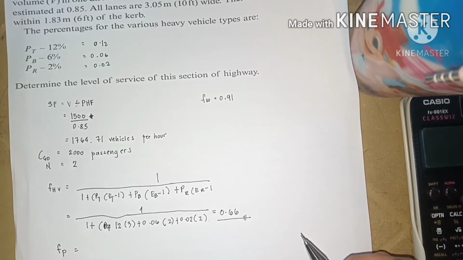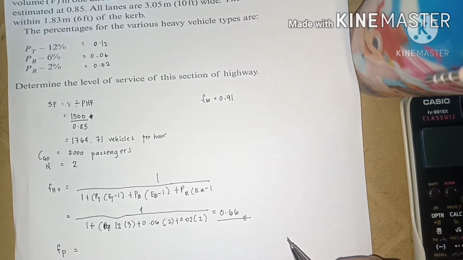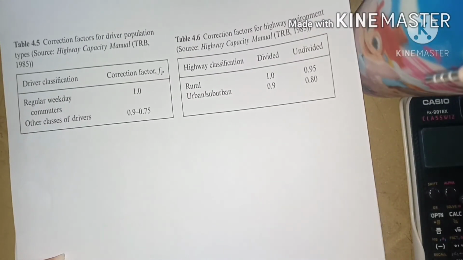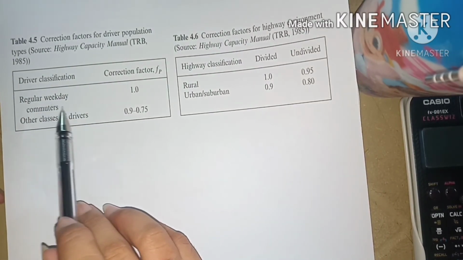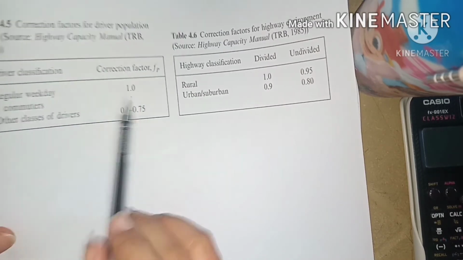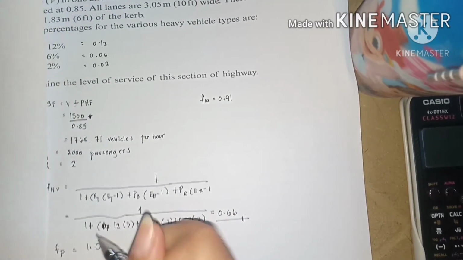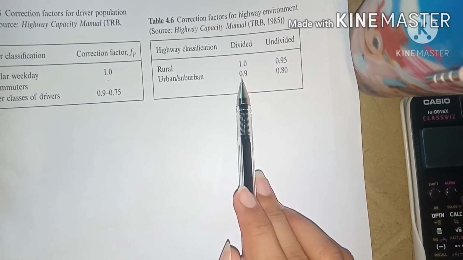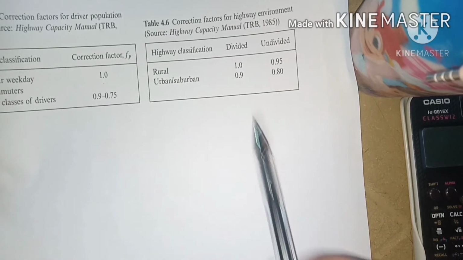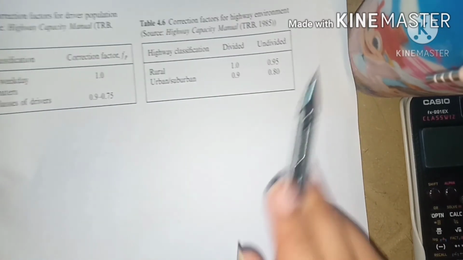So, for the ideal driver population and FE, sa FP, makikita natin yung correction factor according sa driver classification dito sa table na to. Since yung problem natin is for regular weekday commuters, meron tayong correction factor na 1.0 and correction factor sa highway classification, sinabi rin na suburban siya and it is undivided. So, suburban, undivided, we have 0.80.